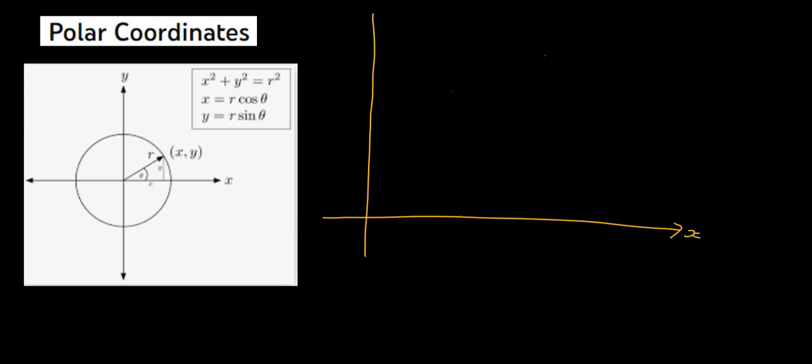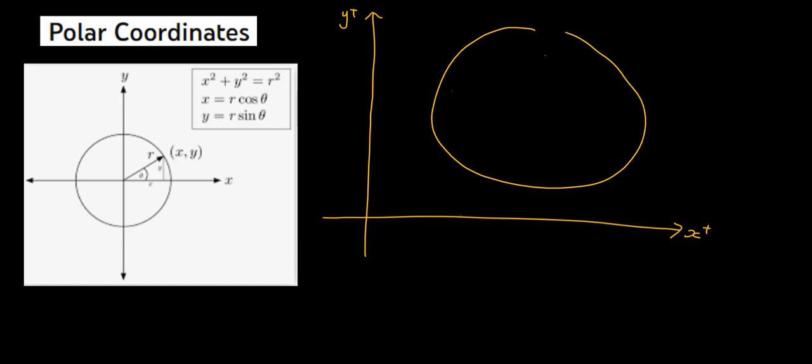So we define this positive direction as positive y, and I'm going to draw my orbit, and I'm going to say this is position 1, and it moves to position 2.